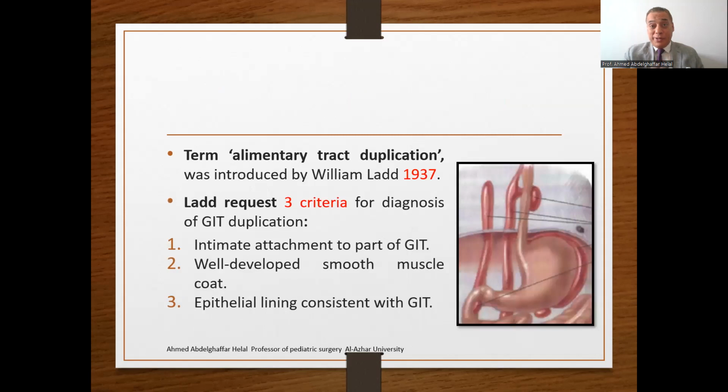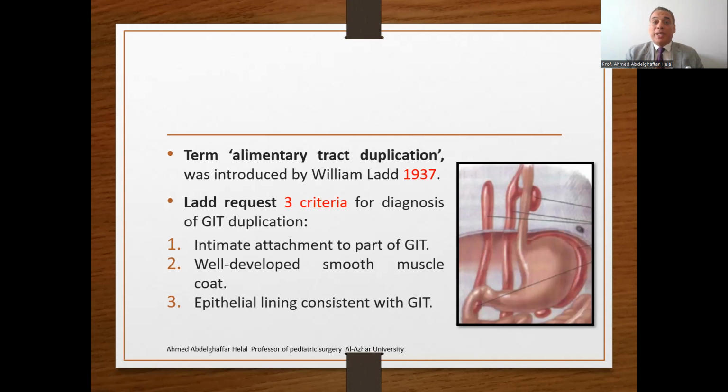However, the term alimentary tract duplication was introduced by Ladd in 1937, and Ladd requested three criteria for the diagnosis. Number one, the duplicated part is intimately attached to a part of the gastrointestinal tract. So this is the esophagus and the duplication is closely attached to it.